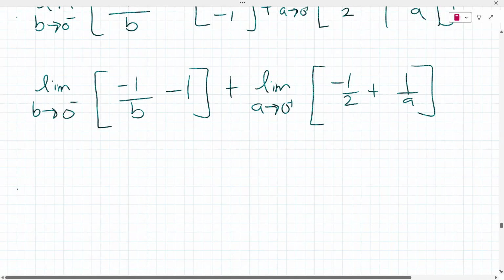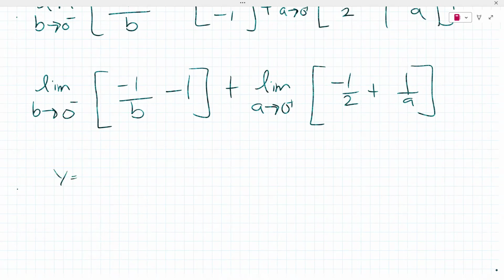Let's figure out, okay, so we have two graphs. We have 1 over a and negative 1 over b. So what do these two graphs look like? The graph y equals negative 1 over x looks like this. It's a rational function, you have a vertical and a horizontal asymptote at 0.